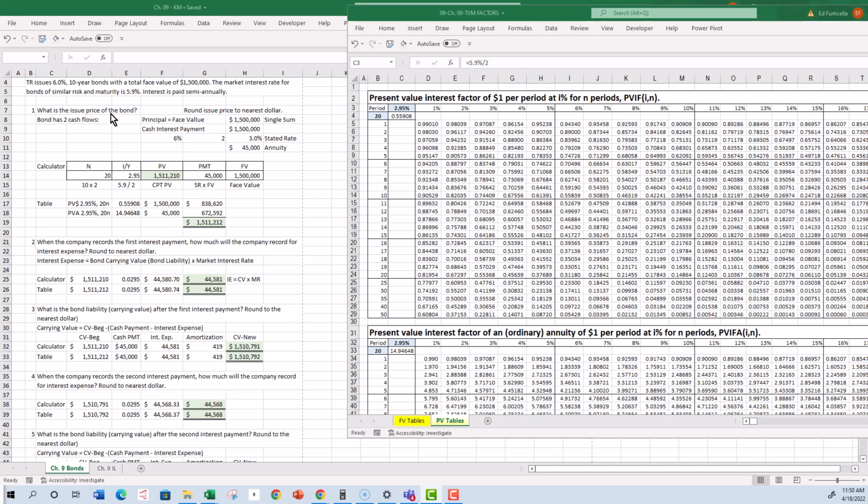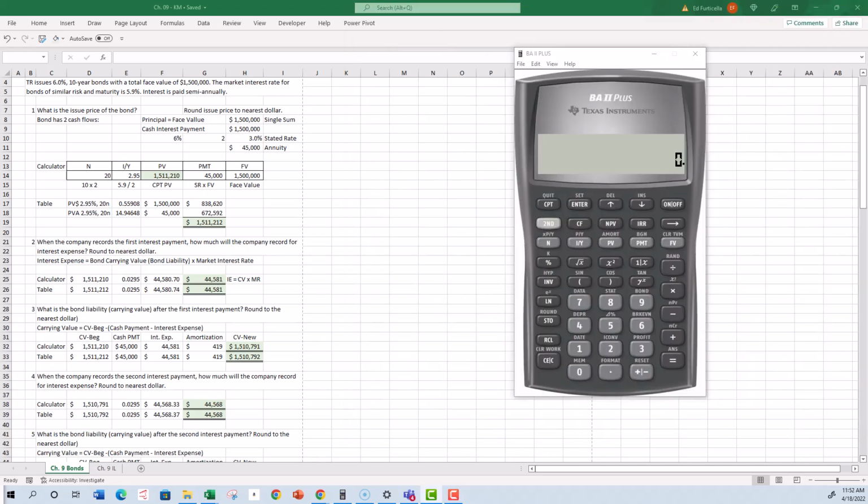Second part of the problem says, when the company records the first interest payment, how much will the company record for interest expense? Your interest expense is always the bond carrying value, which is also referred to as the bond liability, times the market rate of interest. So for a calculator, we would take 1,511,210, because that's the carrying value at this point.